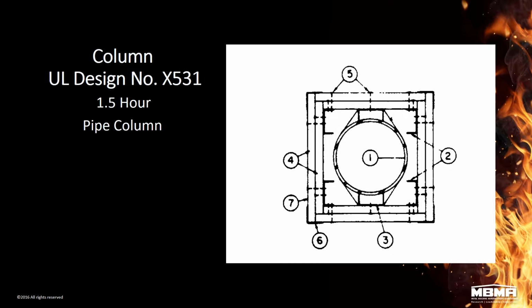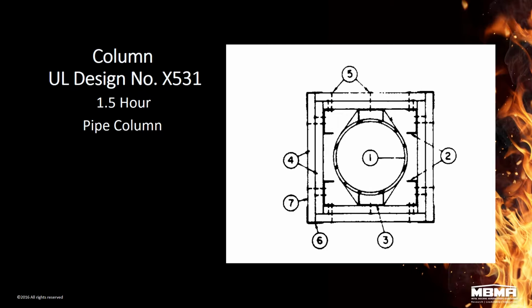Another design option is for pipe columns or hollow structural section columns, and this one is for the circular column X531. It has a 1.5 hour rating, and again, gypsum board construction.